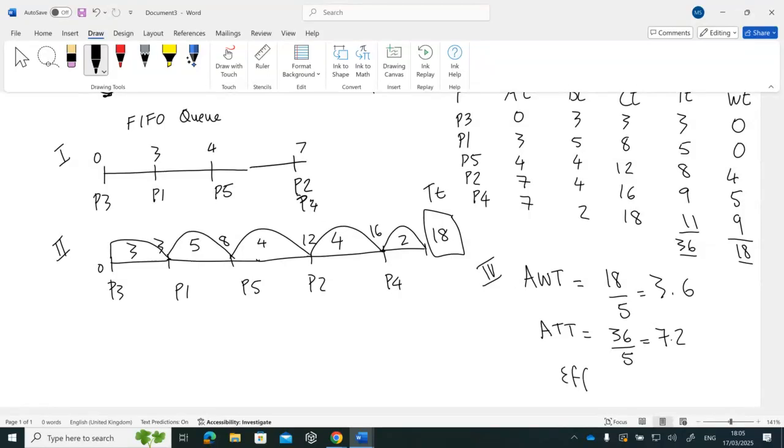And efficiency here: is there any time wasted? Is there any point where the CPU is not in use? No. So the efficiency will be 100%.